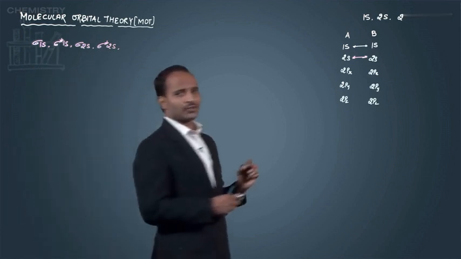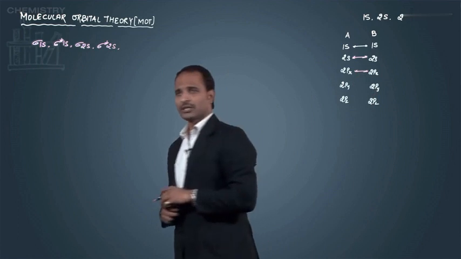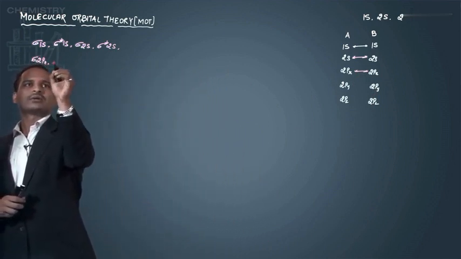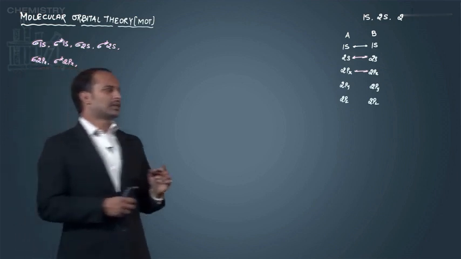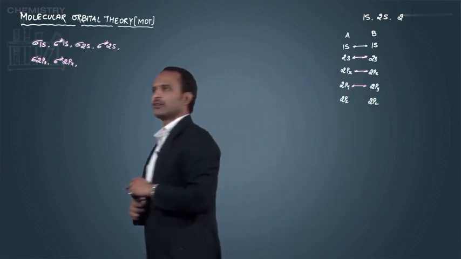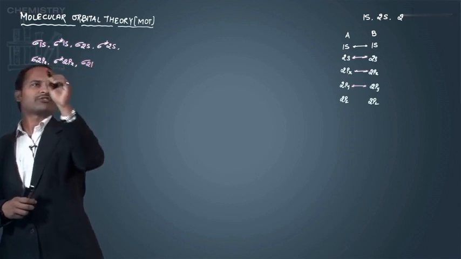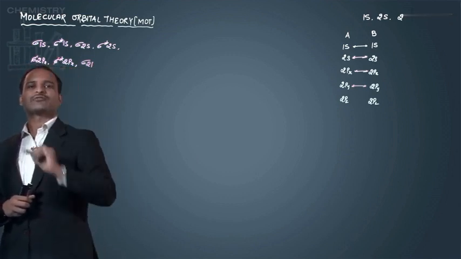If the 2px of the first atom combines with the 2px of the second atom, then we get molecular orbitals like sigma 2px and sigma star 2px. In the case of px and py, sigma is not formed, it's a pi.